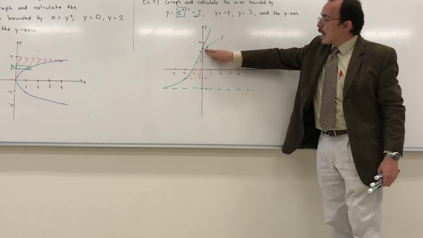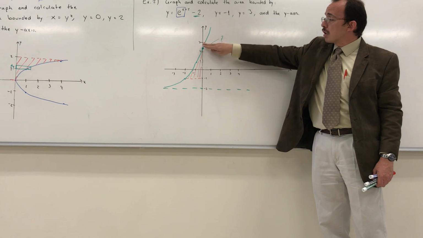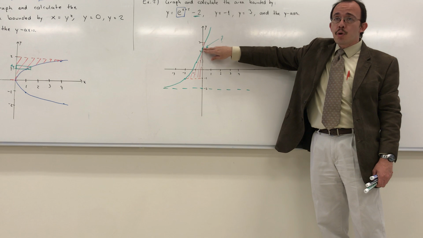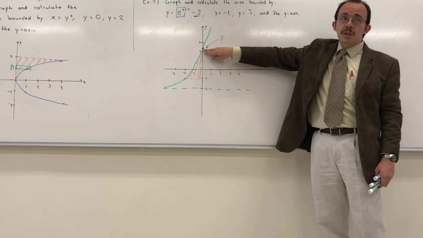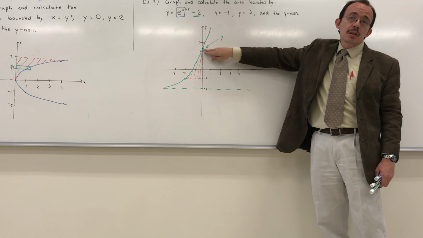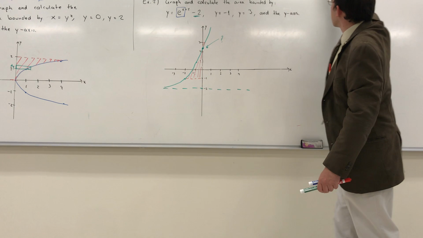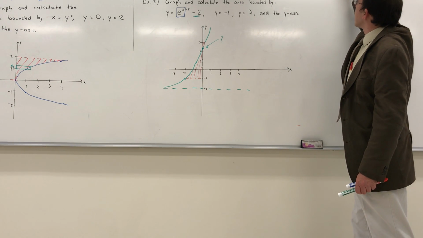Listen. We're not really sure if there's a point here between this one and this area. We're not sure of that. So we need to find this point. How do we find this point? This is the y-intercept. How do I find the y-intercept? X equal to 0. So for this function, x equal to 0, y equal to e squared minus 2.